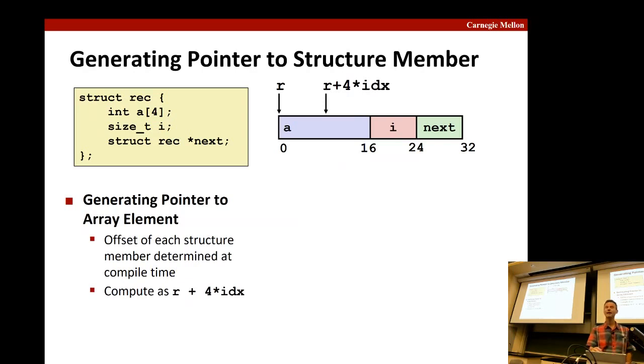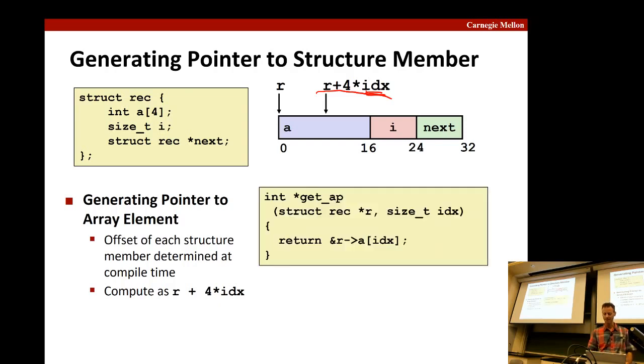Now suppose you wanted to access somewhere within the structure, like one of these array elements, the indexed one. That gets computed as the start plus 4, since we're dealing with integers, times the index. Suppose you had some C code that looks at an index element of the array, but returns the address and not the element itself.